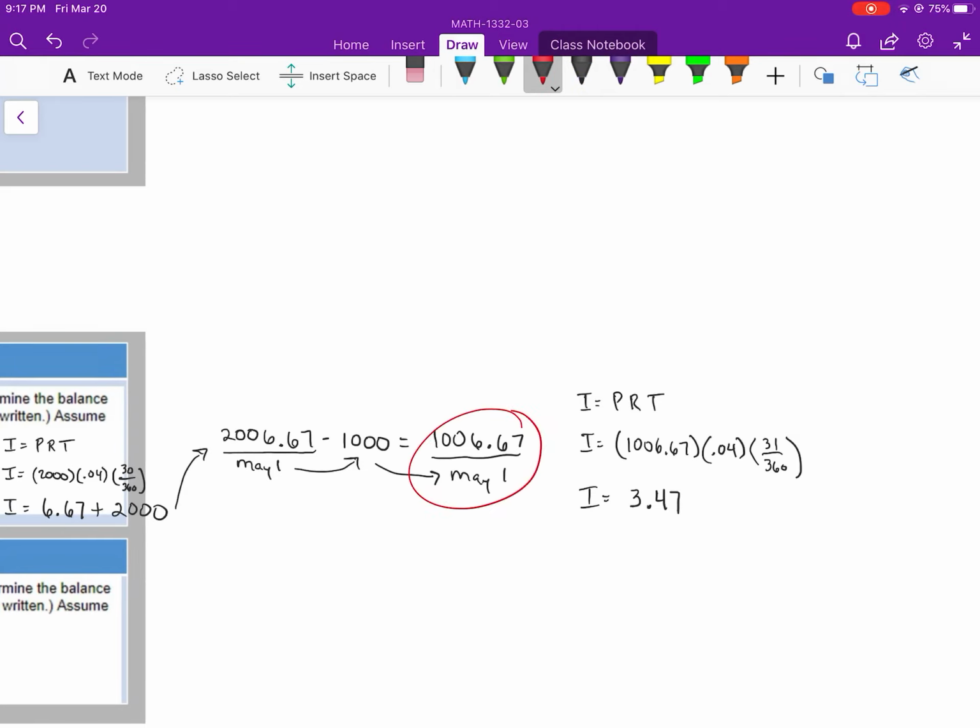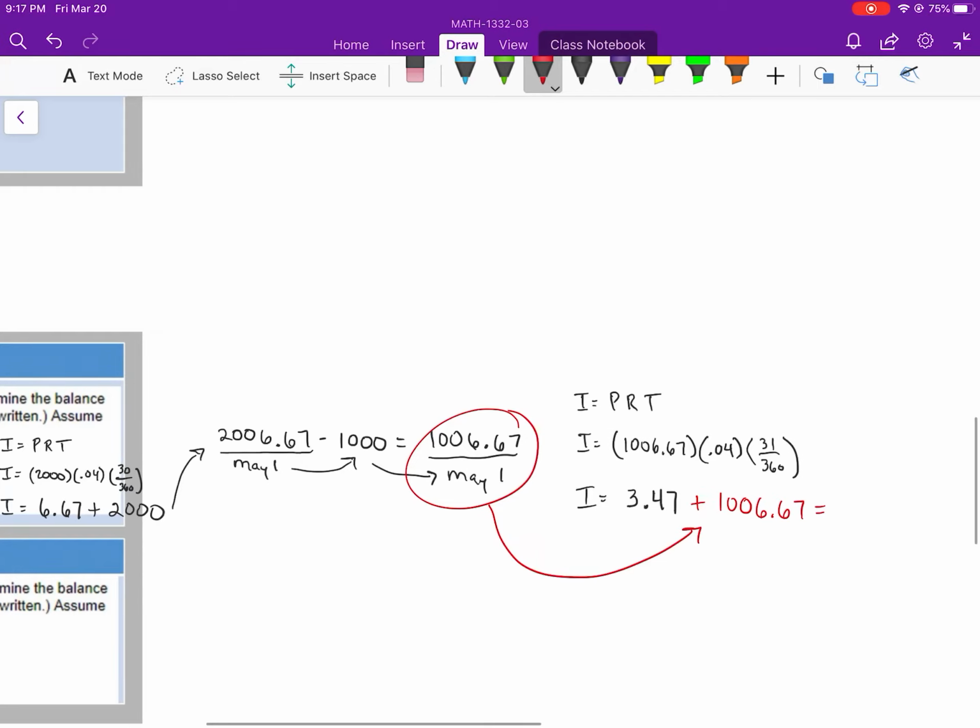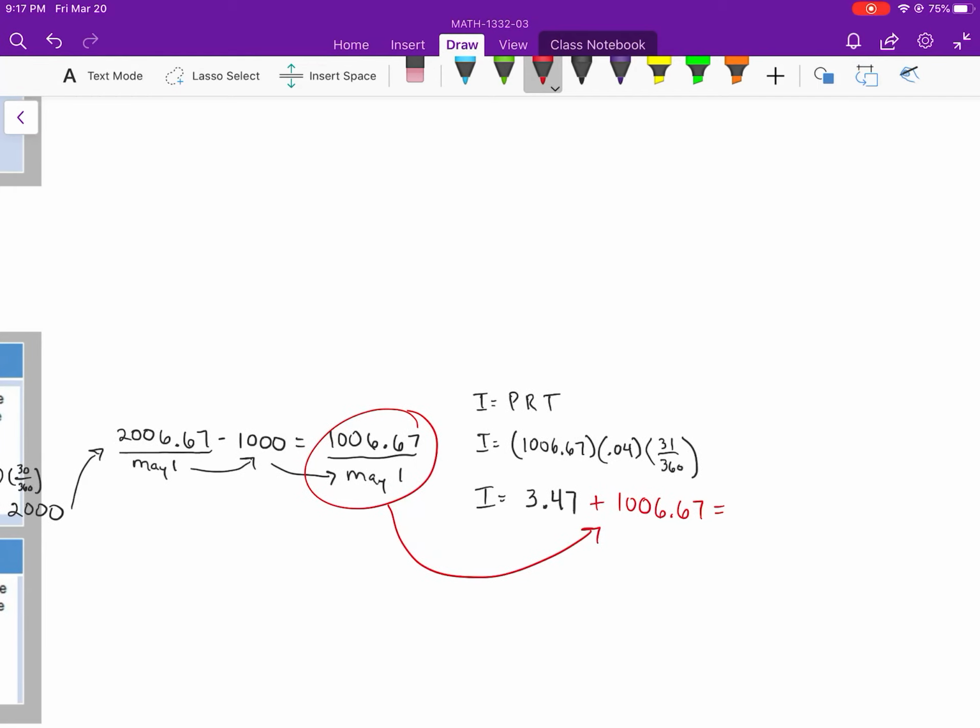So I have to take this interest and add it to that, so $3.47 plus 1,006.67, which gives me a grand total of $1,010.14. And that is my answer.